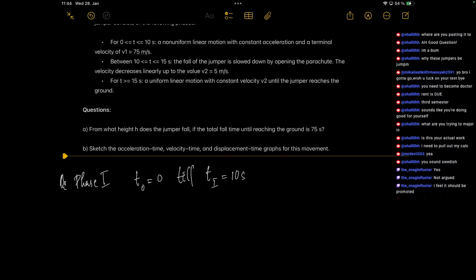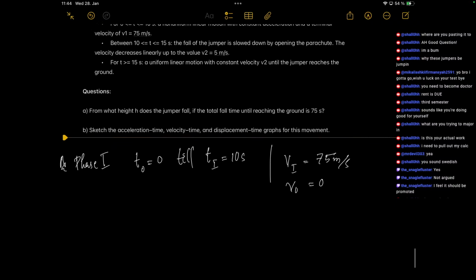We get a non-linear motion with constant acceleration and a terminal velocity of v1 equals 75 meters per second. v0, or v initial, equals 0.